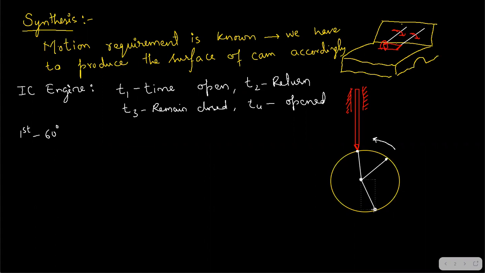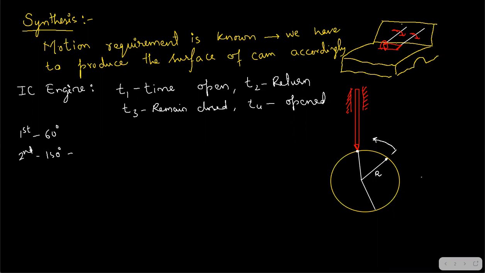For the next 150 degrees, I want the follower to open. So I'm going to write here, second is 150 degrees, the valve should be open, or you can say move from R, let's say this is R, the radius, from R to R plus H.